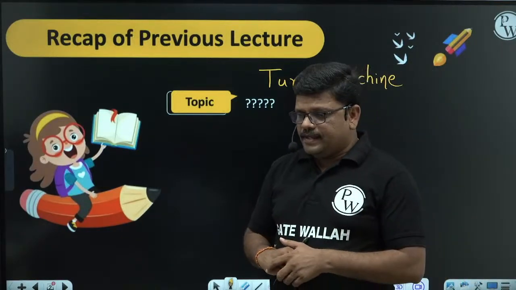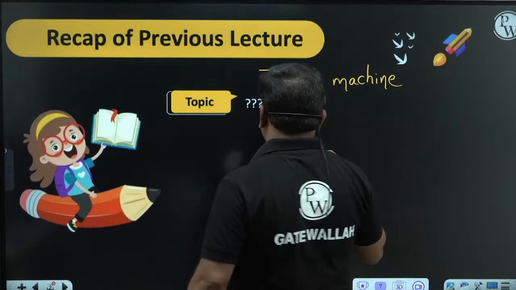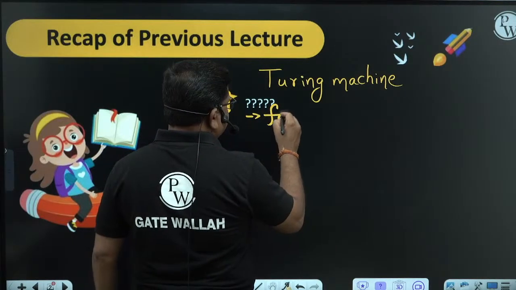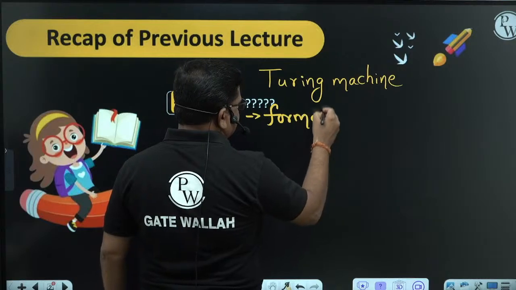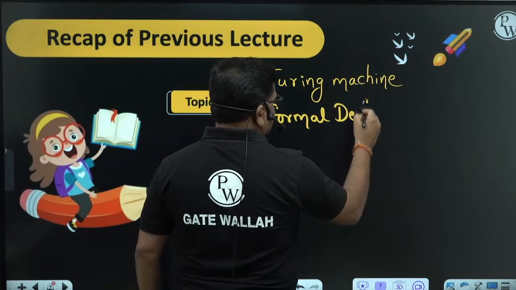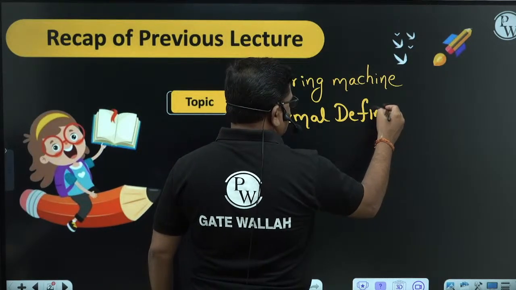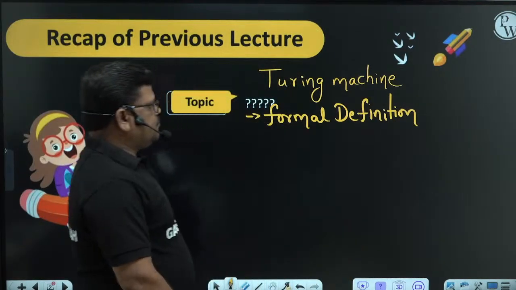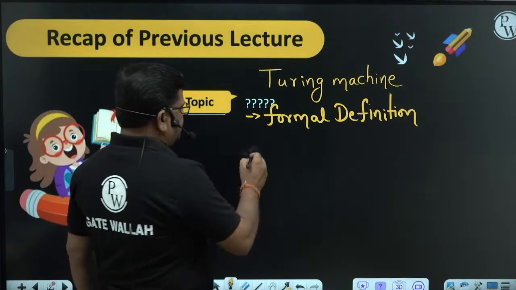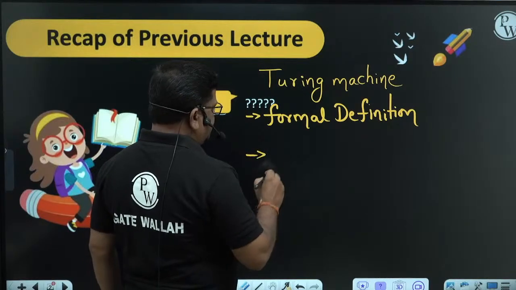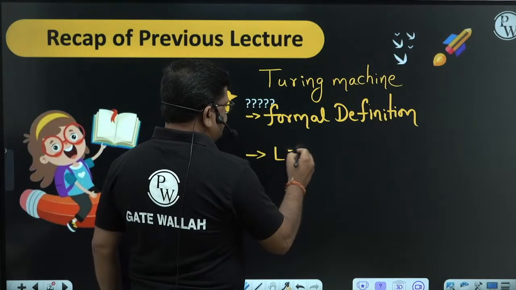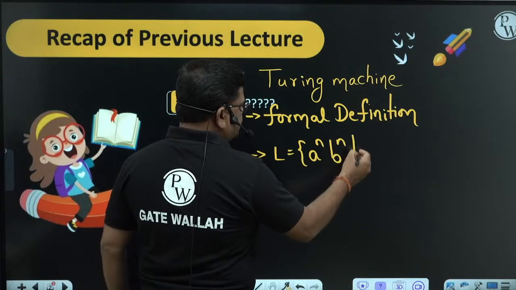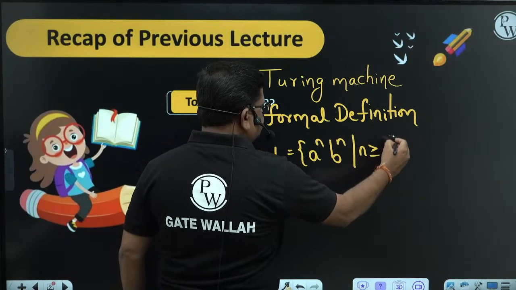In the last class, we studied the formal definition of Turing machine, and then we constructed the Turing machine for the language a power n, b power m, n greater than or equal to 1.